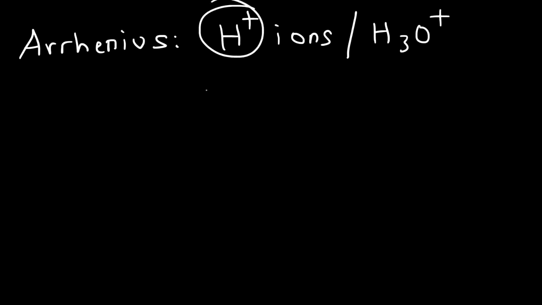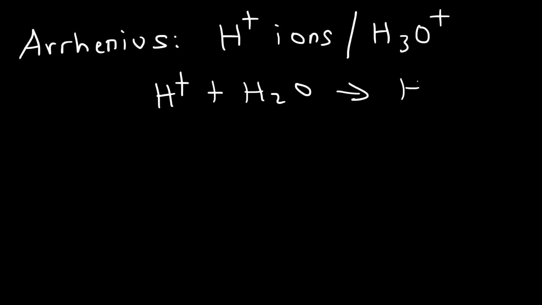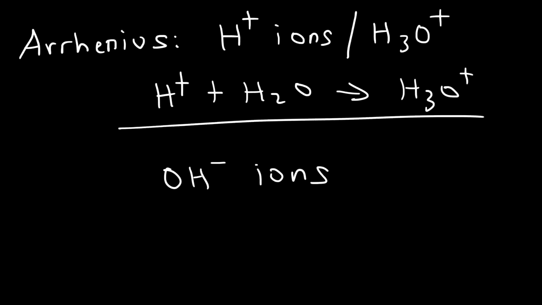H+ doesn't really exist by itself in water. In fact, it's bonded to water, and so it exists as H3O+. The Arrhenius definition of bases is that a base releases hydroxide ions into solution, while acids release H+ ions into solution. So keep that in mind.